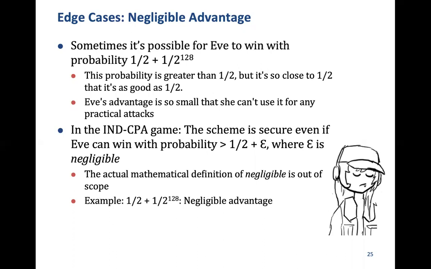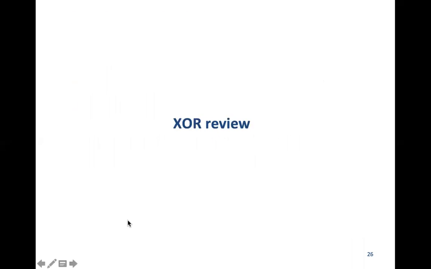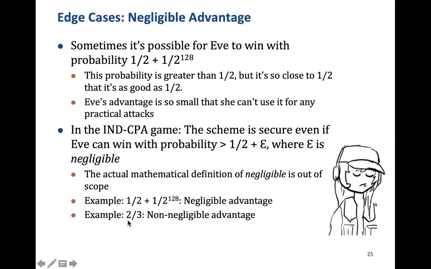So this could be a very small advantage, like 1/128 is a very negligible advantage. While if the advantage is of the order of, say, 2/3, then it is a non-negligible advantage, right? So the conclusion from this is that the encryption scheme in this IND-CPA game is secure even if Eve wins with probability which is very close to 1/2, because the advantage that Eve has is very small.